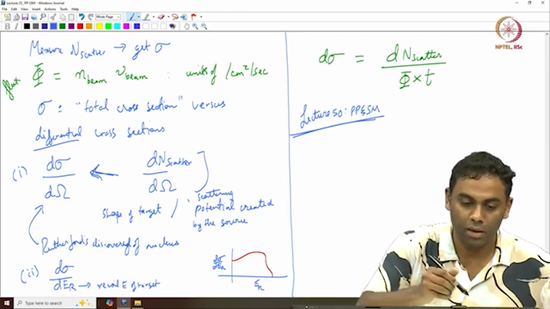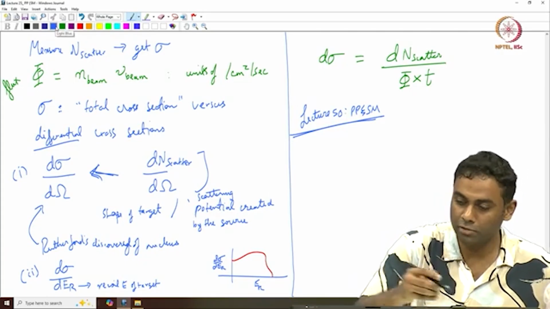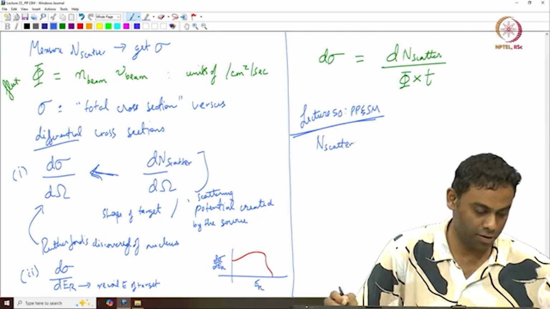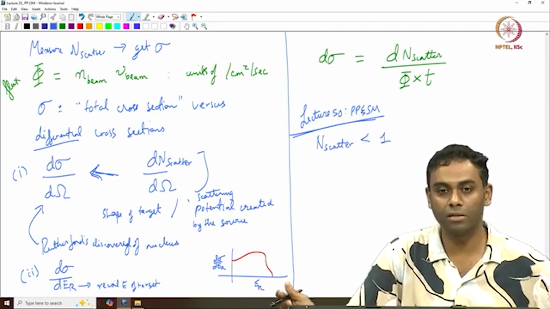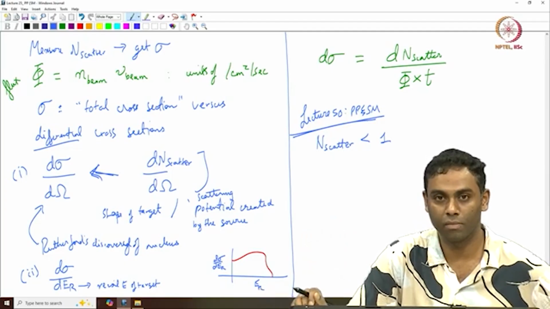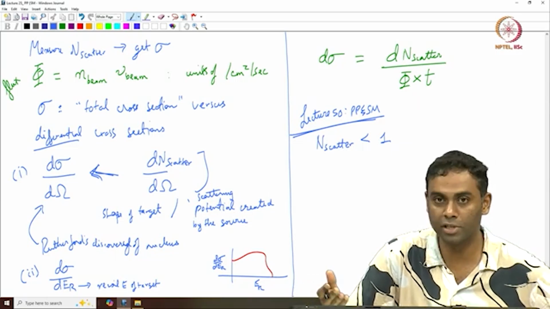So in particular the case that we are dealing with is what happens if I expect to have the number of scatters smaller than 1 in that particular situation, okay. This can happen for instance if t is not large enough, right.